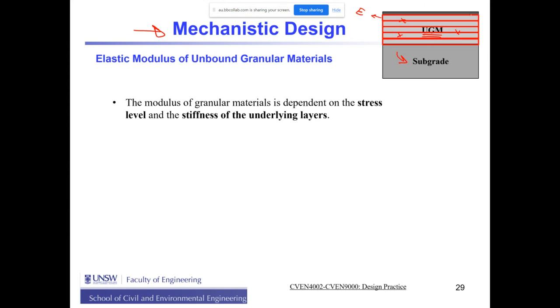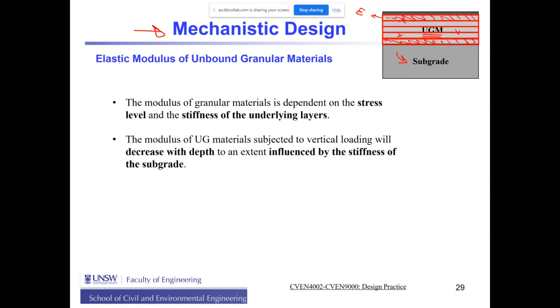The maximum Young modulus will be for the top layer in this case, because this is far from the subgrade. And the lowest one is for the layer adjacent to the subgrade. So the strengths of the unbound granular material will be affected by the subgrade soil.